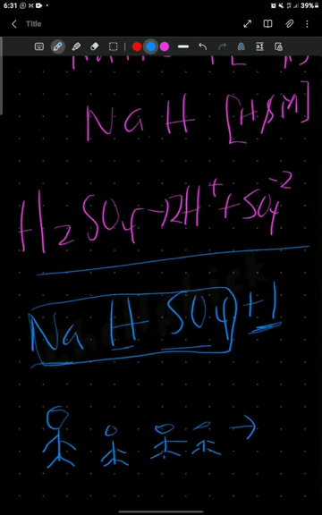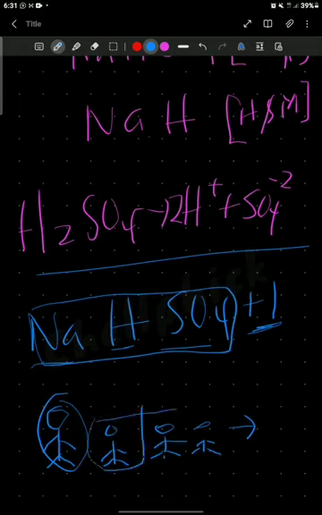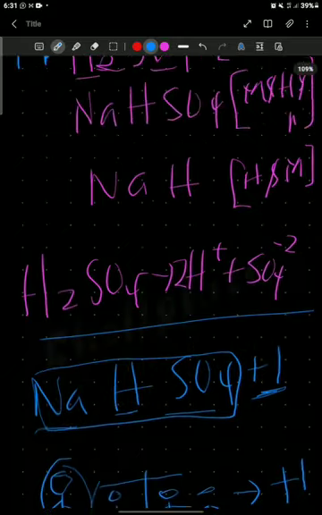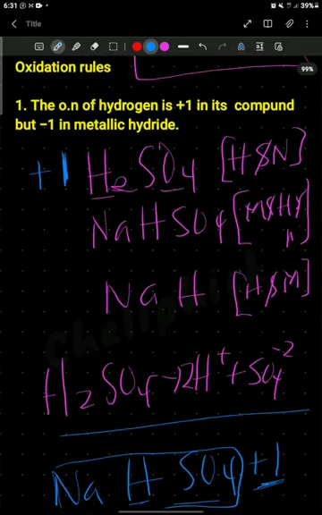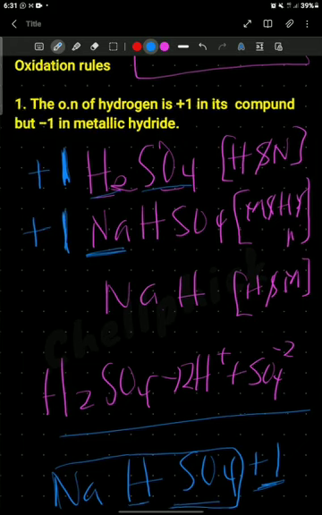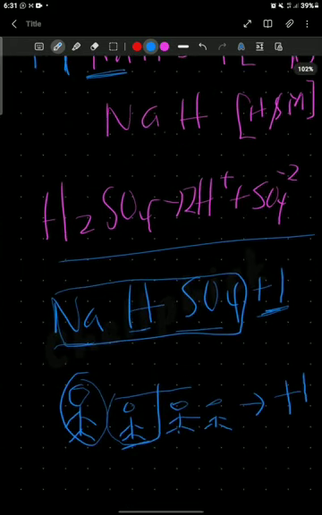Of course the boss wouldn't want to disgrace hydrogen, because the boss is proud of hydrogen. So hydrogen will still be +1. It simply means that in a reaction where hydrogen is reacting with a non-metal, hydrogen will behave like a metal. Even in the presence of a metal, hydrogen will still react like a metal.